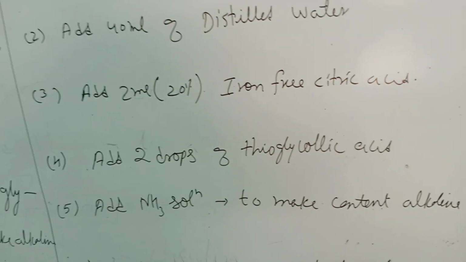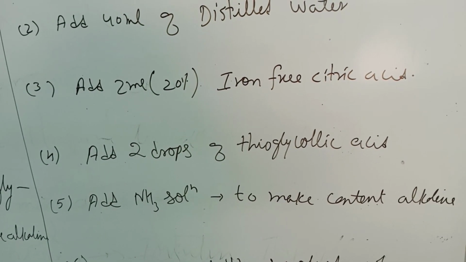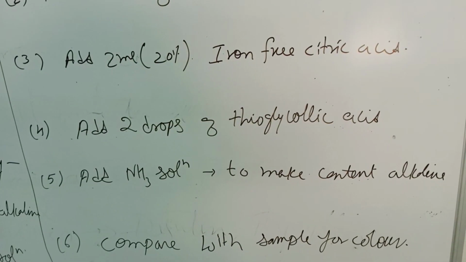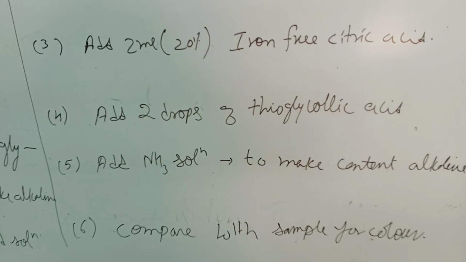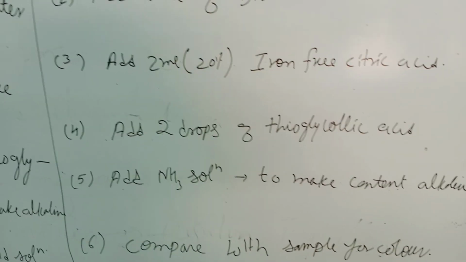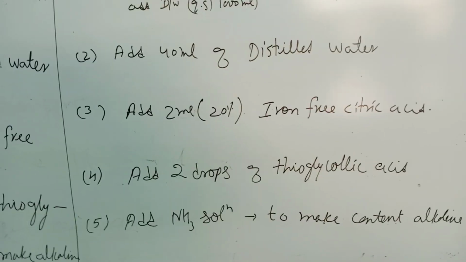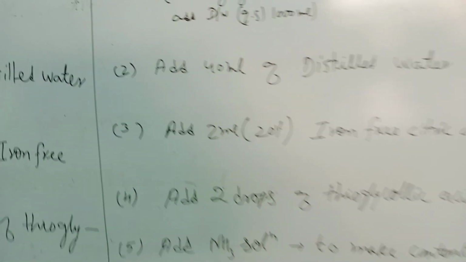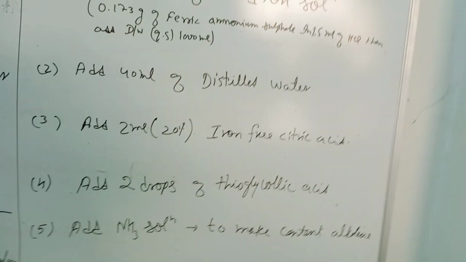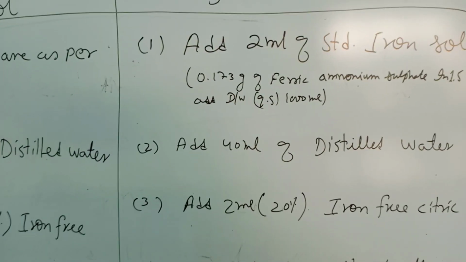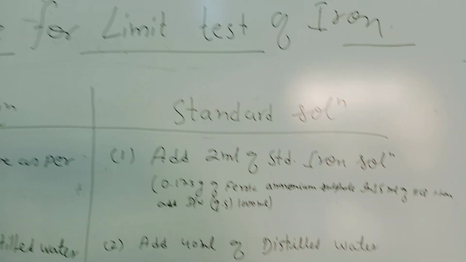Once we make the standard solution alkaline, we get a definite pink color, and the color produced by this standard solution is compared with the test solution to determine the outcome of the limit test for iron.